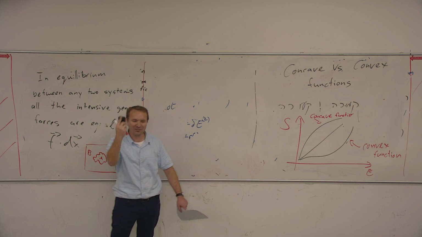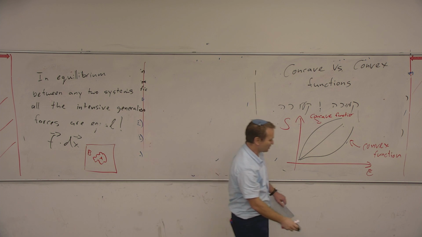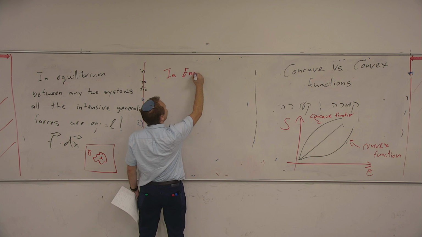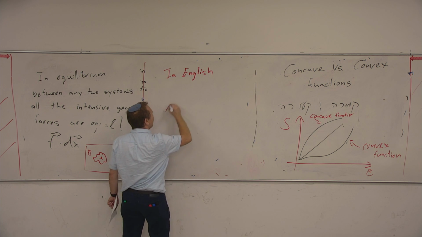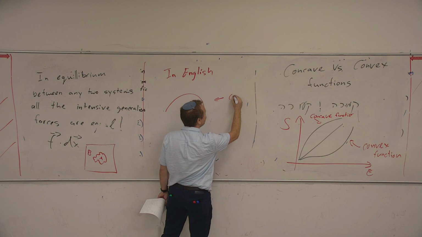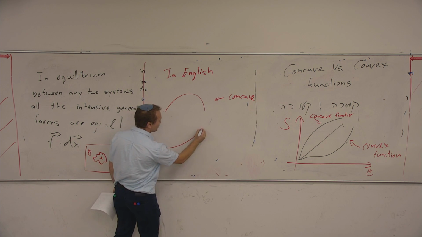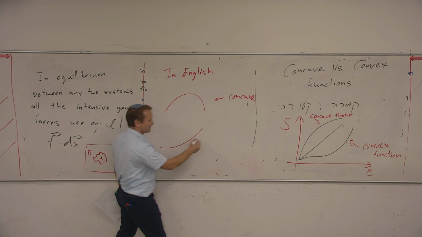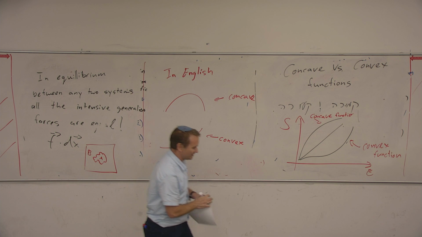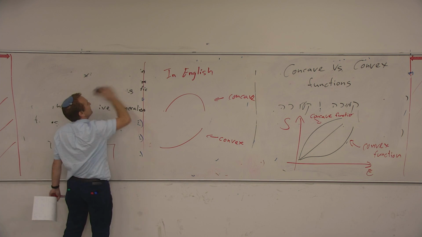As I told you, whatever you think is the opposite. But in English it's actually fine. In English, this looks like a cave, so this is concave. And this is convex. In Hebrew it's the opposite.